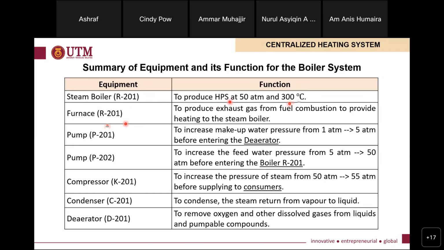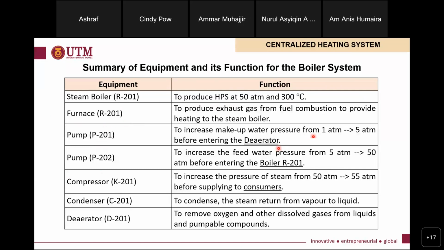The next equipment is pump P201 to increase the makeup water pressure from 1 atm to 5 atm before entering the deaerator. The next is pump P202 before entering the boiler R201 to increase the feed water pressure from 5 atm to 50 atm.